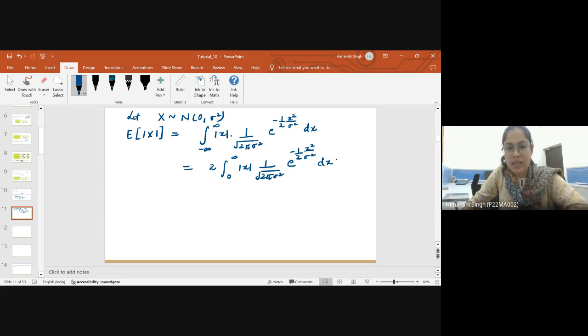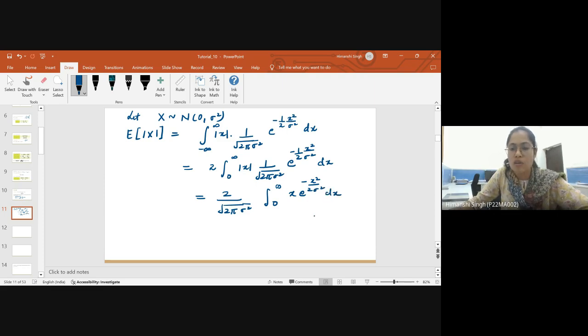Now you see here that the range of x is always positive, so mod x will be x. I am taking the constant term under root 2 pi sigma square outside. So this is the integral 0 to infinity x into e to the power minus x square by 2 sigma square dx. So further I will solve this integral.